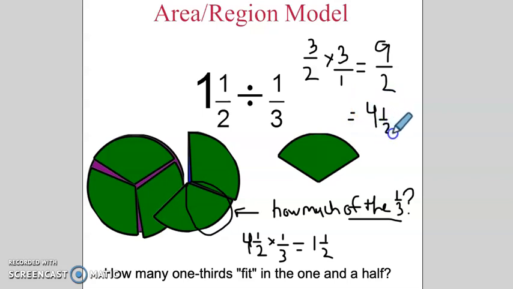Sorry, my writing is not great here. And we can literally see that with the fraction pieces. 4 whole 1/3 pieces fit into the 1/2, and then how much of this 1/3 is left? Half of the 1/3. So we have 1/3 fits in 1 time, 2 times, 3 times, 4 times, and a half of a time.